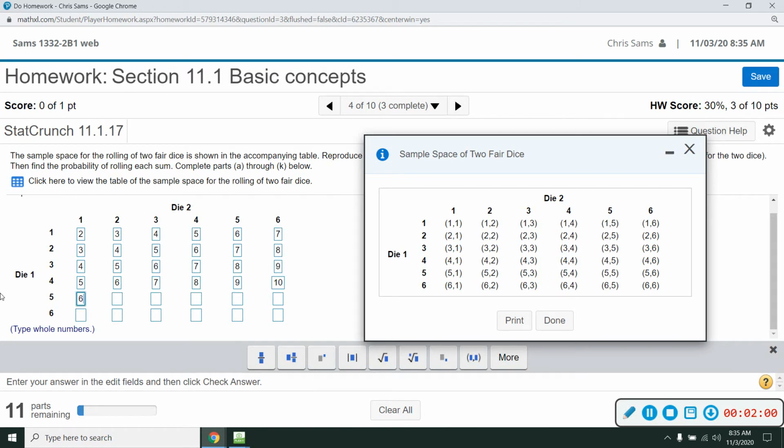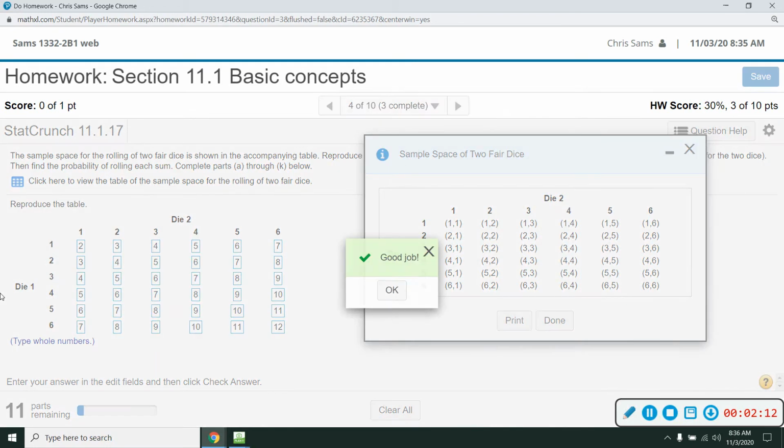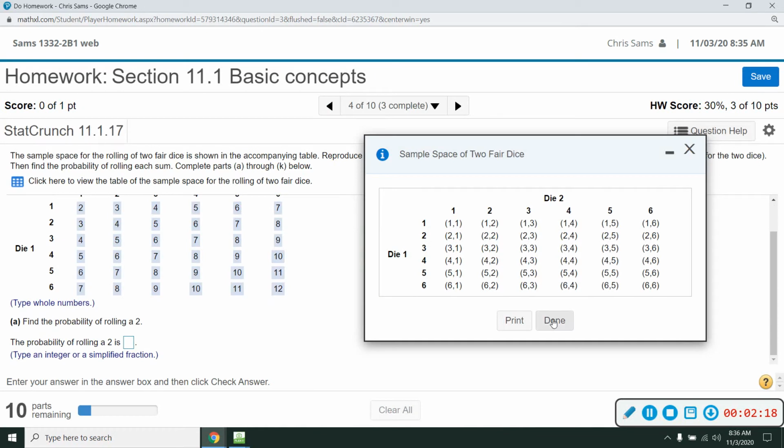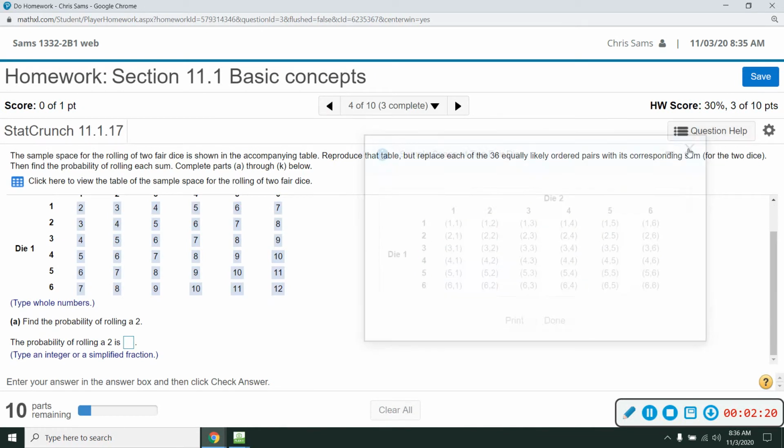Then 6, 7, 8, 9, 10, 11. Then 7, 8, 9, 10, 11, 12. So this is the sum that you get when you add the 2 dice up. We can close that out now that we're done. We're going to be using this to answer the following questions.